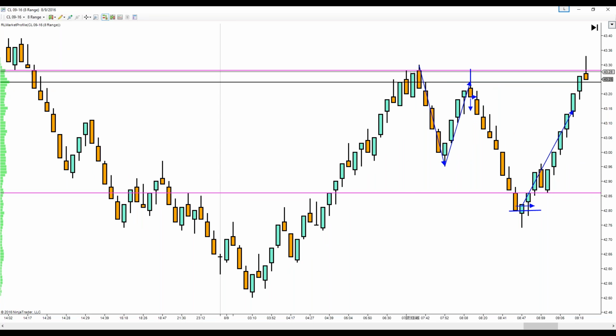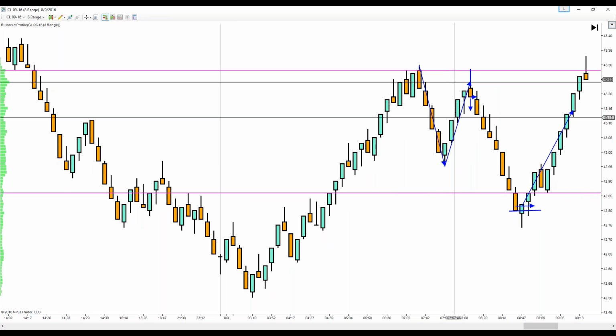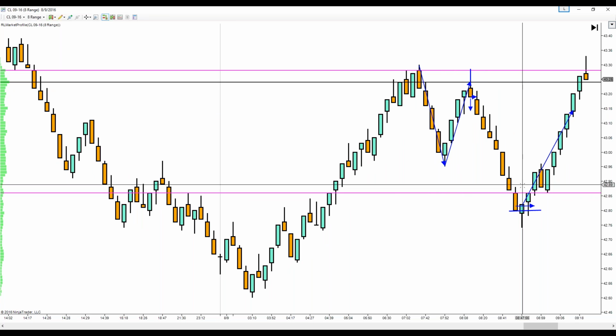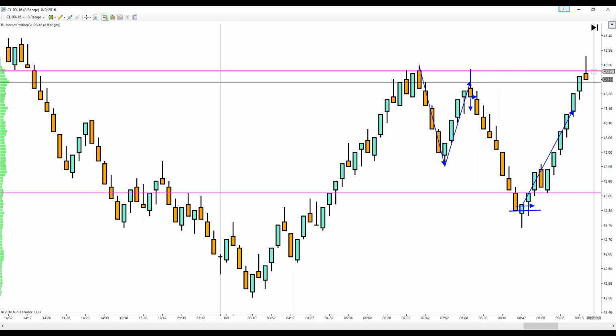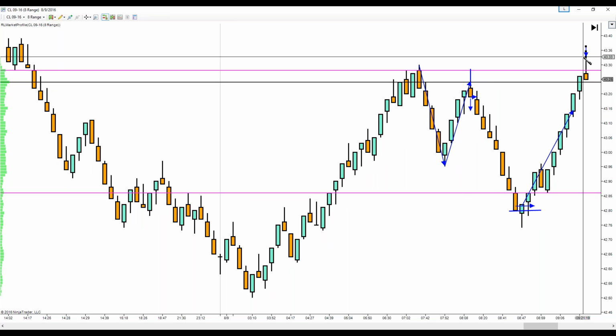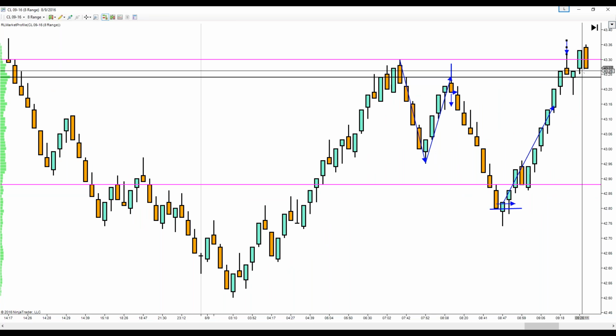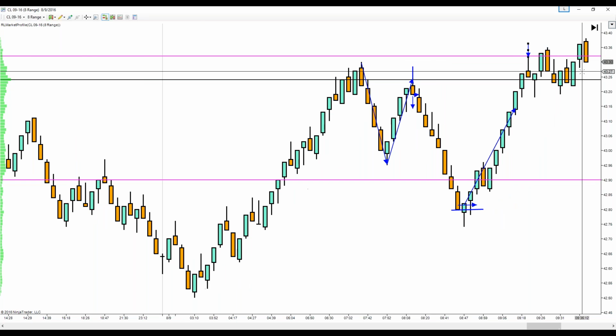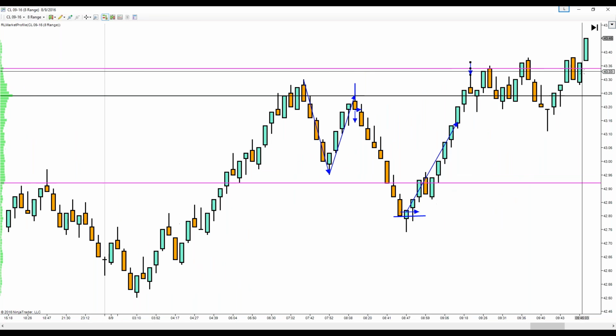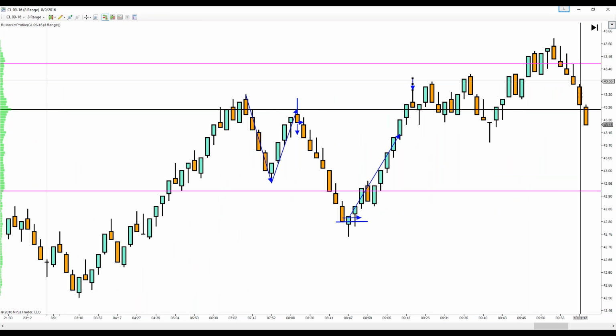And you can see how it went down up to the point of control, down to the value area low. Now it's gone back up to the value area high. In this case, it broke it.